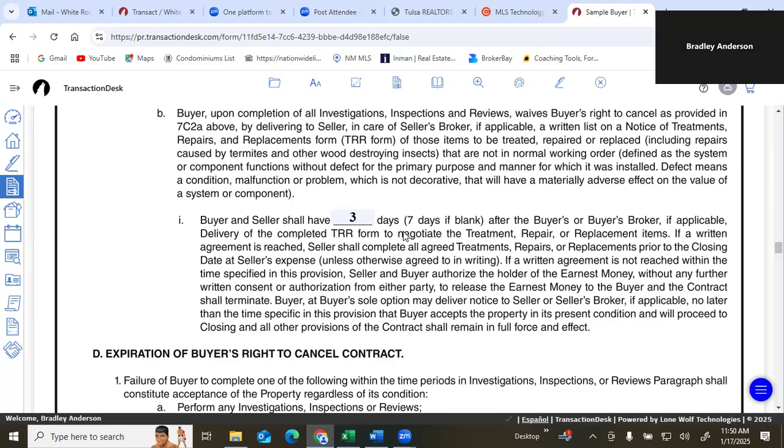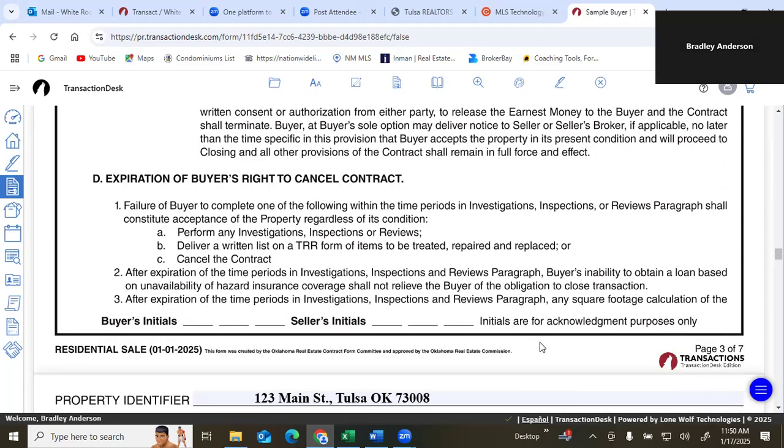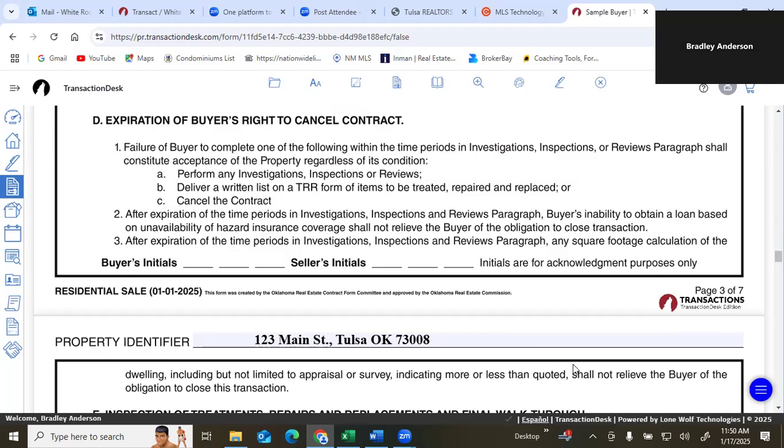Okay, and it explicitly says what happens to the earnest money if both parties can't come to an agreement. Then in paragraph D, it speaks to expiration of buyer's right to cancel the contract. Failure of buyer to complete one of the following within the time periods in investigations, inspections, and review paragraph shall constitute acceptance of the property regardless of its condition.